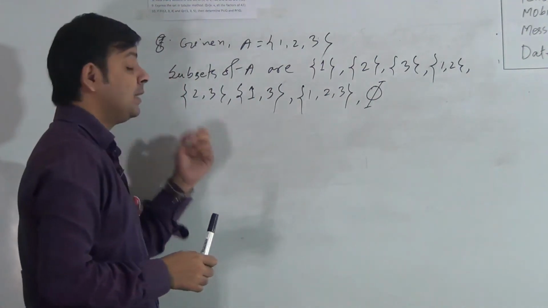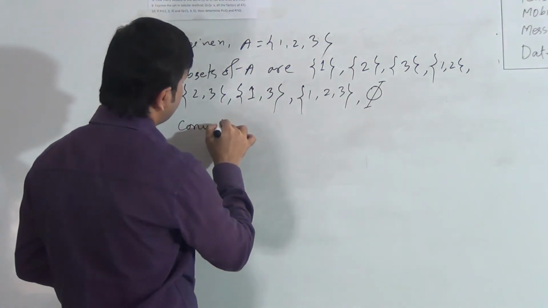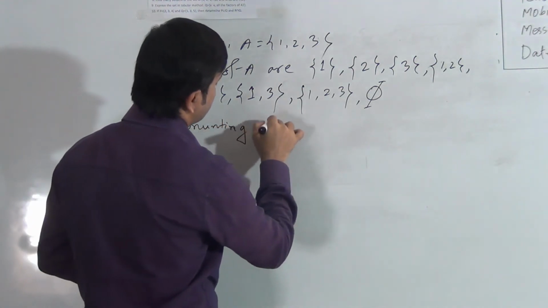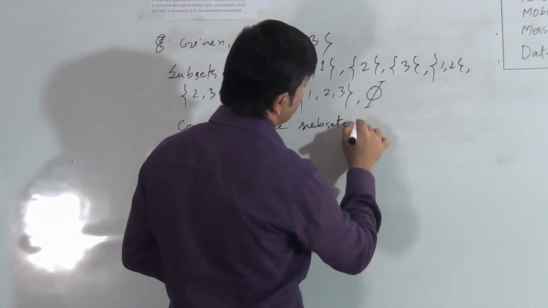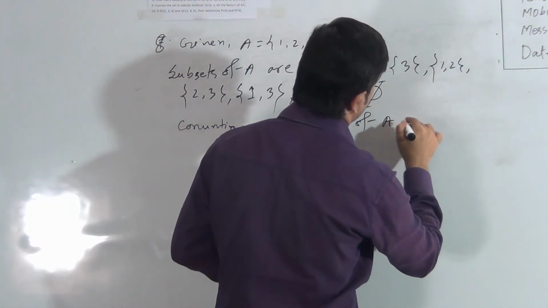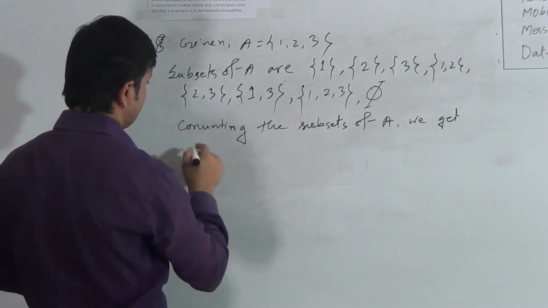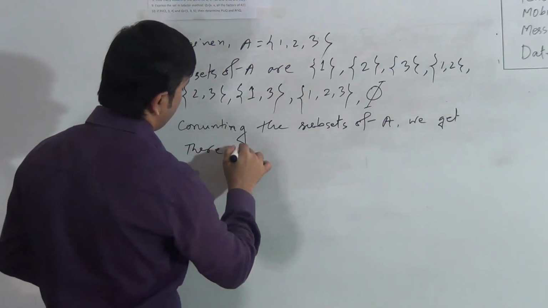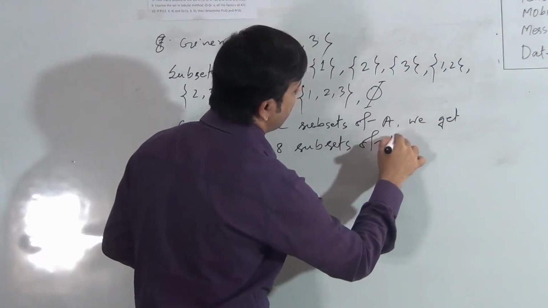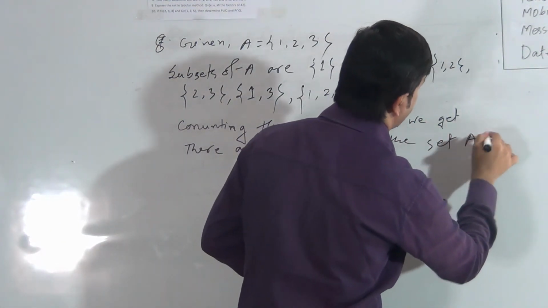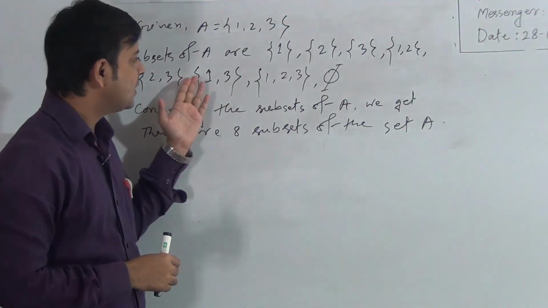We can say there are 8 subsets of A. It means that A has 8 subsets, and the subsets are these.